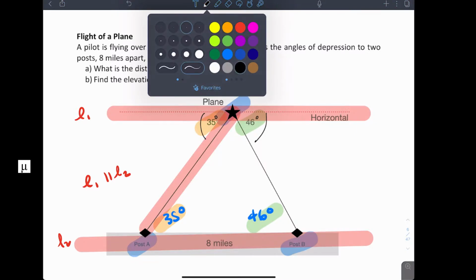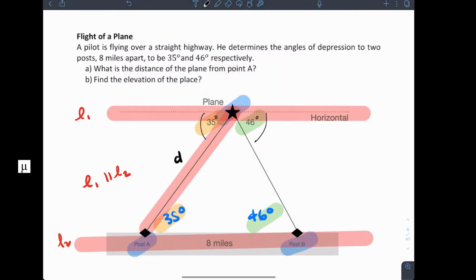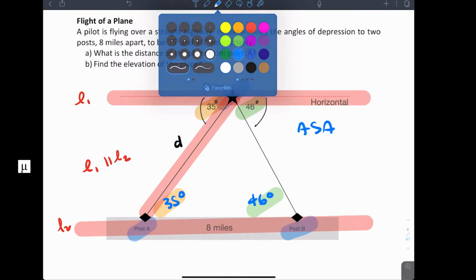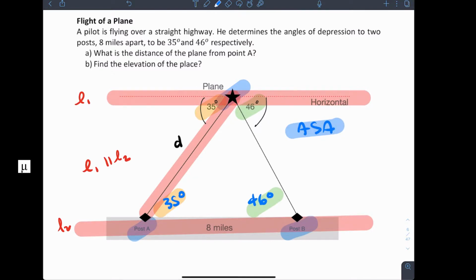I'll use X or I'll use D. How about that? D for distance, because they say, what is the distance of the plane from point A. Now, what's nice, because they're saying these are 8 miles apart, you know what's nice? This is angle, side, angle. And you say, why? Angle, side, angle.